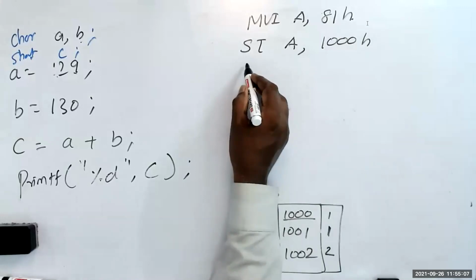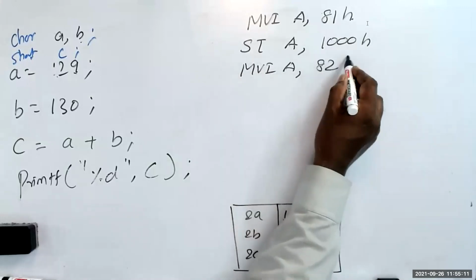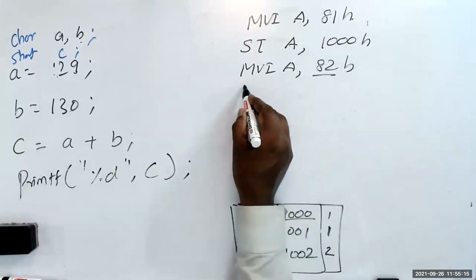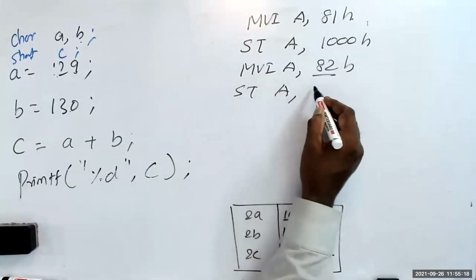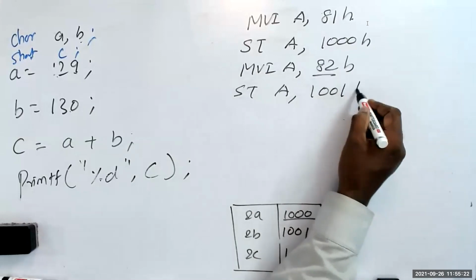I say move immediate A, 82H. 82 is 128 plus 2, 130. I say store accumulator, how much? 1001H. I'm storing it to B.